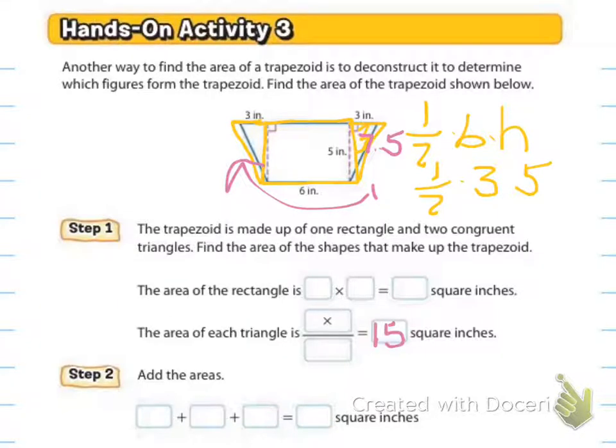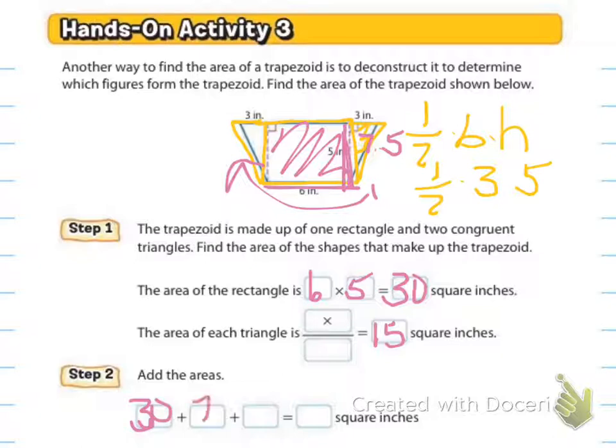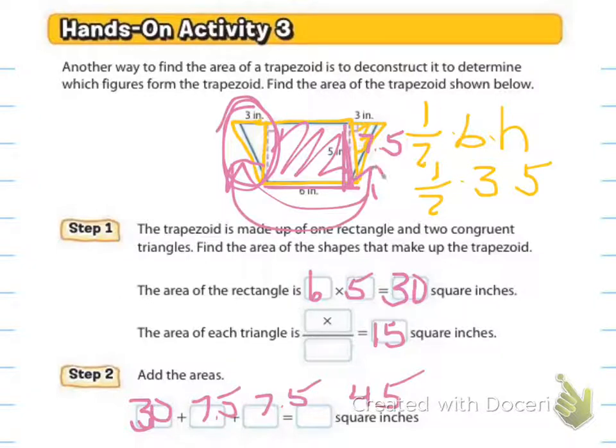The area of our rectangle here is going to be the 6 by the 5, which would be 30 square inches. And if we add them together, we've got our 30 square inches plus our two 7.5s for our two triangles, and that would be a total of 45 square inches. If you rewind back to what I was just doing where I was moving this over to here, my area was actually 45 square inches. So I was just showing another way of doing it.